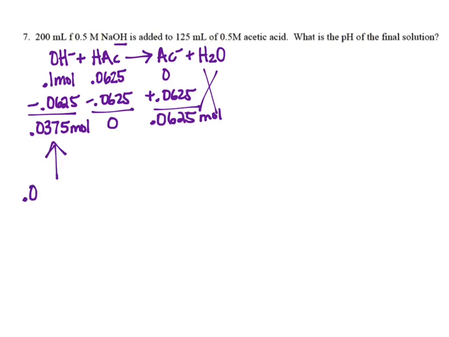So we take our moles of hydroxide that's left over and divide it by our total amount of solution, which is 0.325 liters. Wait, no, 200 plus the 125. And that leaves me with a concentration of 0.1153.